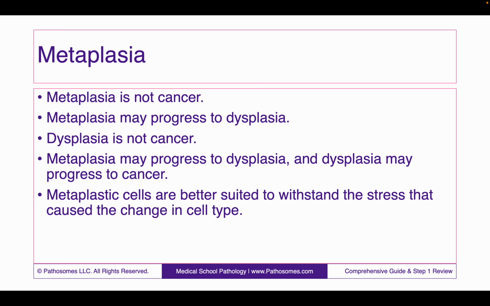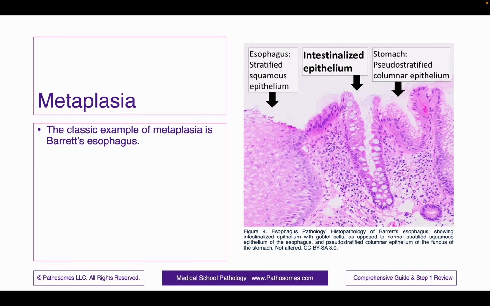Metaplastic cells are better suited to withstand the stress that caused the change in cell type. How does that happen? Well, here's an example. A great H&E histology image showing how the esophagus has been lined with stratified squamous epithelium, but then there's this intestinalized epithelium and stomach with pseudostratified columnar epithelium.